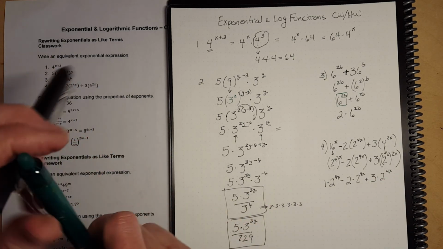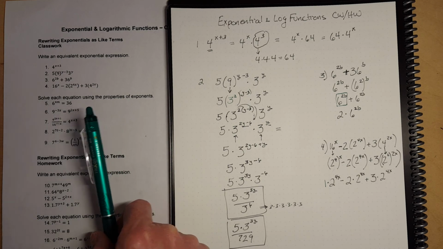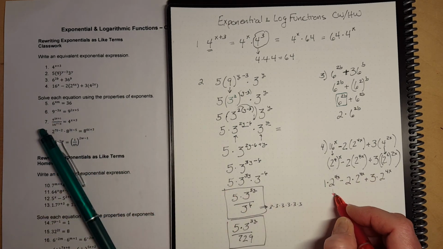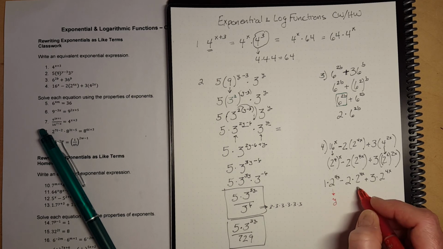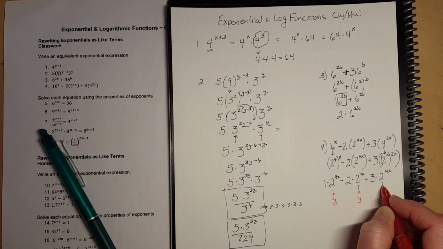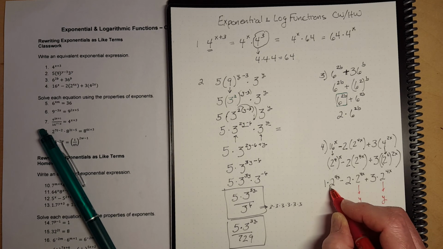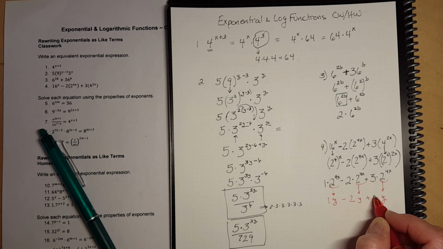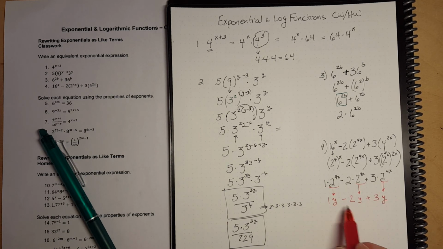So let's think about this in a slightly different way. If I just called 2 to the 4x, like, y, these would all be y's. If y was equal to 2 to the 4x, I would have 1y minus 2y plus 3y. Well, you know how to do that. 1 minus 2 is minus 1 plus 3 comes out to be 2.